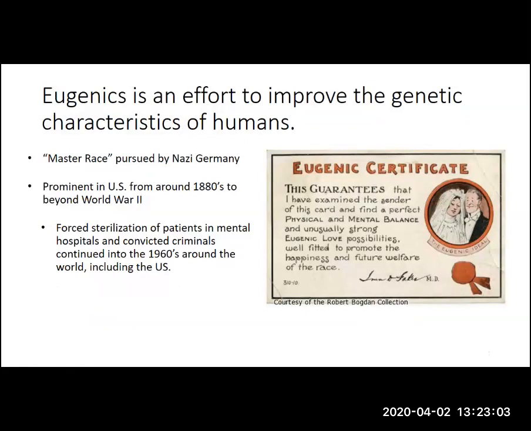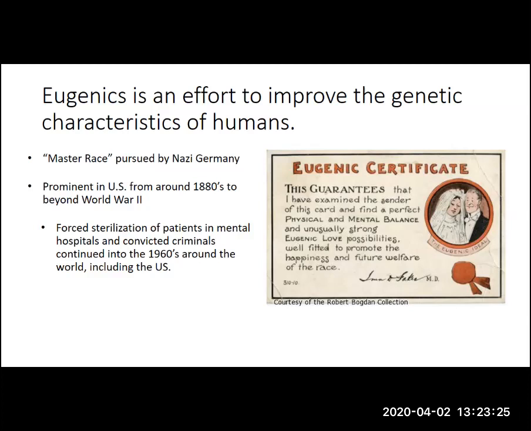Now, eugenics is an effort to improve the genetic characteristics of humans. This was started in about the 1800s, probably around the 1880s, and has continued since then. Eugenics was a main driving force within Nazi Germany to establish a master race.